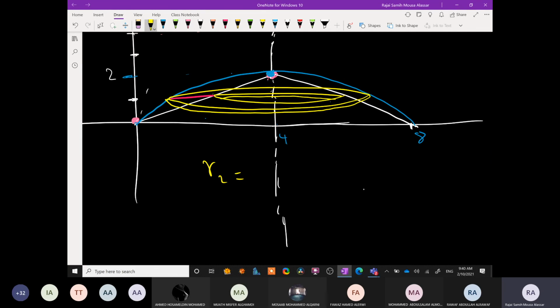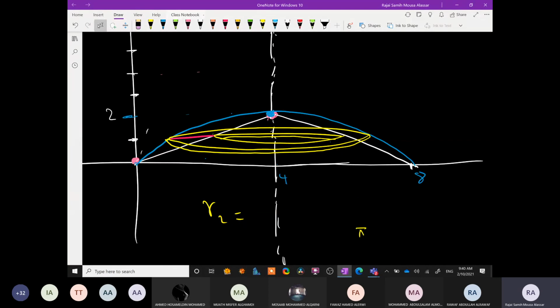Let's just calculate the volume of this washer. We know that the volume of this washer is pi. Let's look at R2 and R1. From here to here, this is R2, isn't it? And here, at this point exactly, is R1. I hope you agree. Yes, we agree.